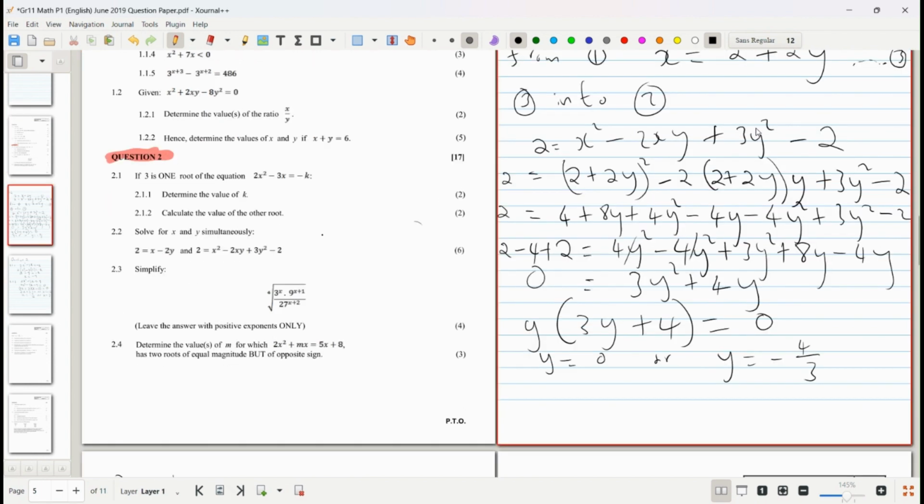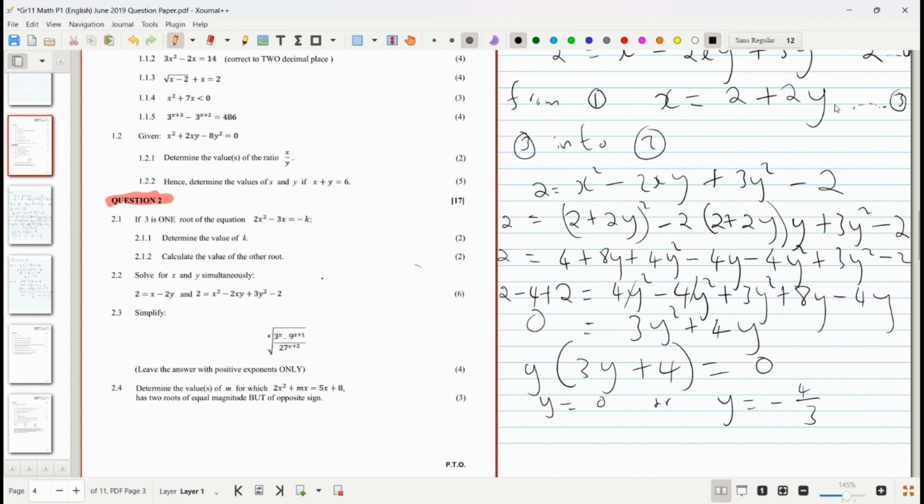So we can substitute these values into equation 3 that we named 3 here, so that we find the values for x. So we can see that x from that equation there, x equals 2 plus 2y, and y is now 0 here.